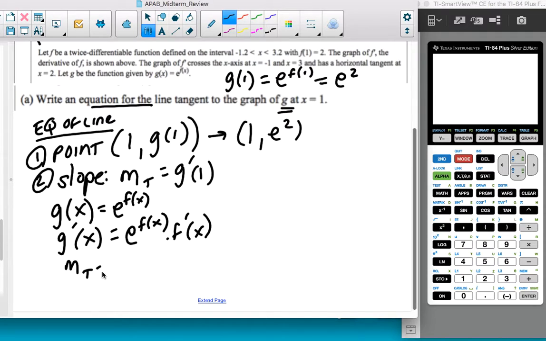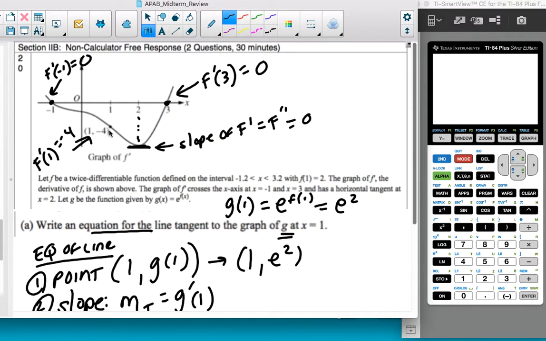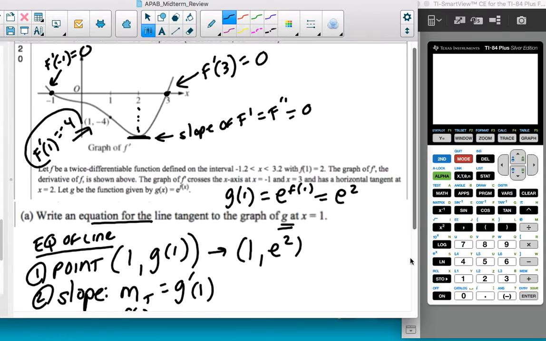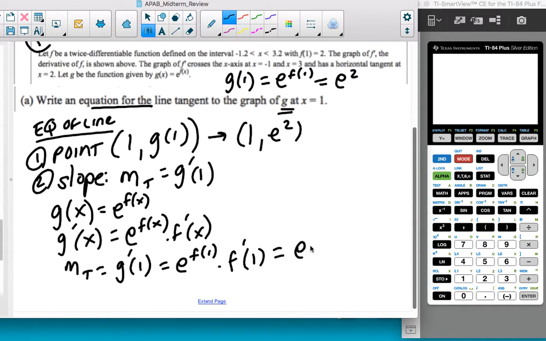So my tangent slope is g prime of 1, which is e to the f of 1, which we've already found, it's e squared, times f prime of 1. F prime of 1 is one of the values on my graph. F prime of 1 is negative 4. So I get e squared times negative 4, or my slope is negative 4e squared.